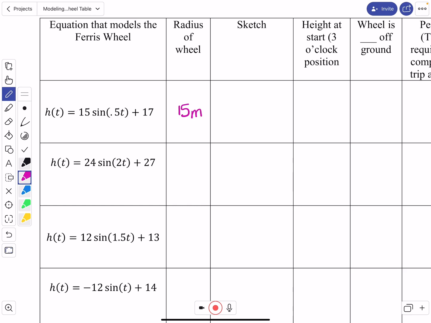If we draw our sketch, because it always helps to visualize. Okay, so we know our radius is 15. We know the total height is 17, and we know it's 17 meters off the ground.